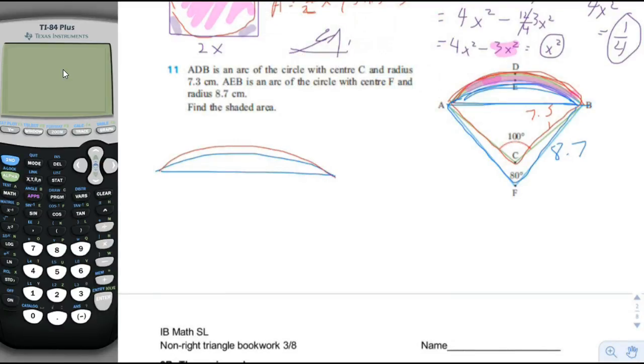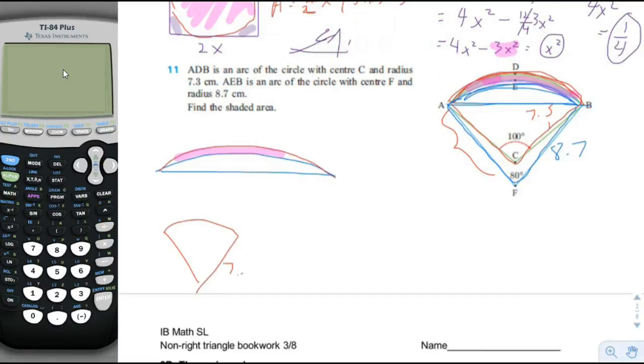Okay, so let's figure out what these two watermelon shaped areas are, and then we'll just subtract them. Because the bottom part of this makes it very complicated. I think we need to get rid of that part. Okay, so let's do the red part first. So we'll do the red problem, which looks like that.